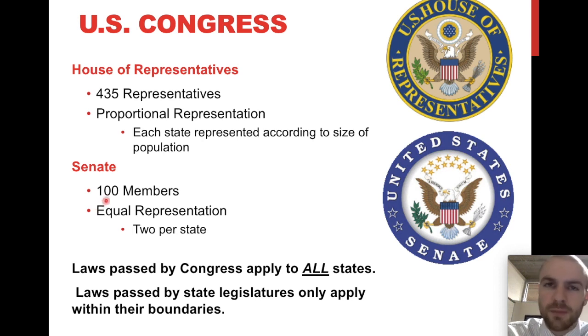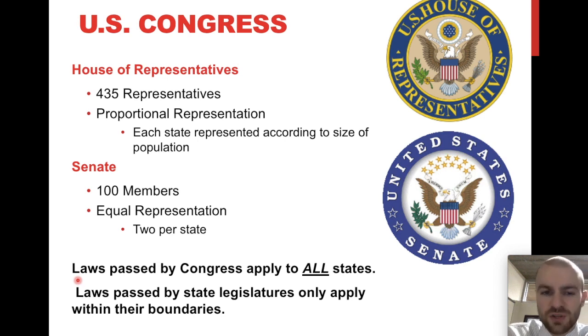There's 100 members in the Senate. If Puerto Rico one day becomes a state, this number will change because each state is guaranteed equal representation. So therefore, Puerto Rico would get 2 senators in our U.S. Senate, bringing this number to 102.